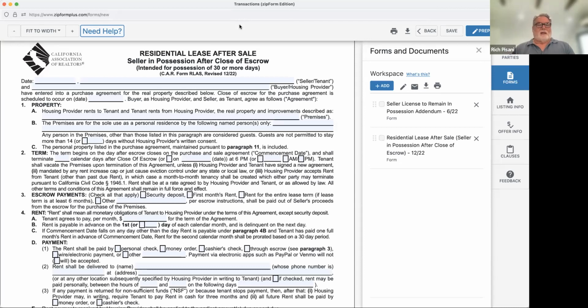So make sure that it is acceptable and shall terminate X calendar days after close of escrow or a date. So the start date is the close of escrow date, and the day after close of escrow date. That kind of answers your question, Jasmine.